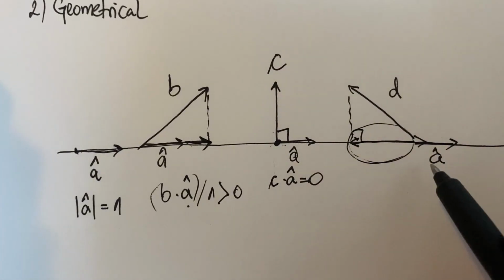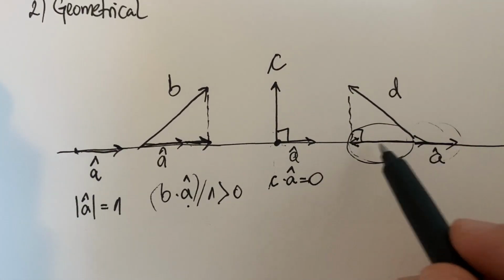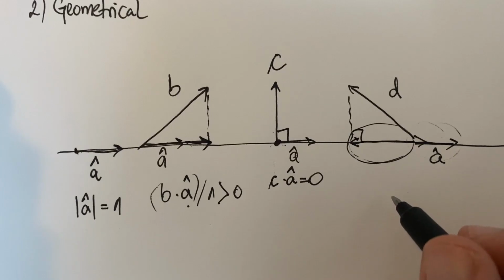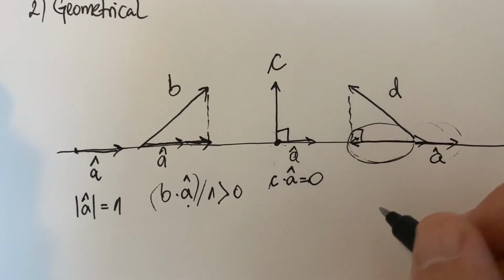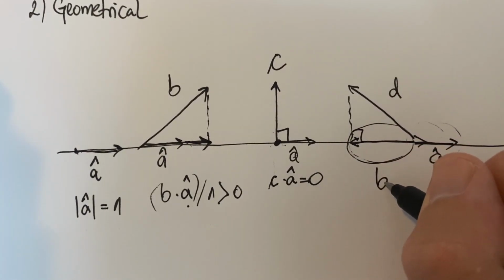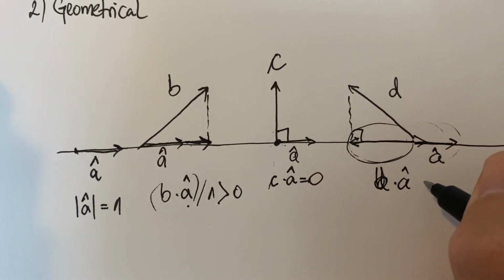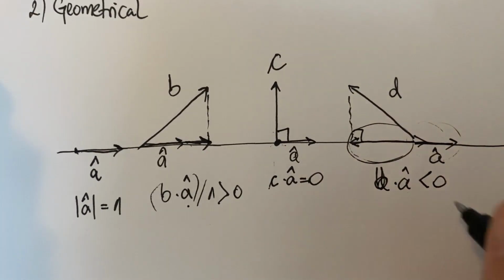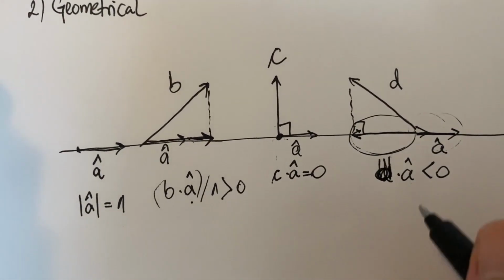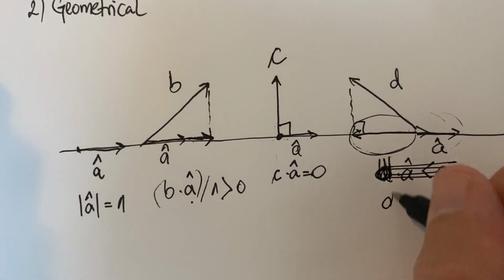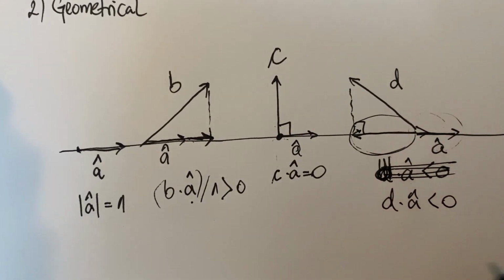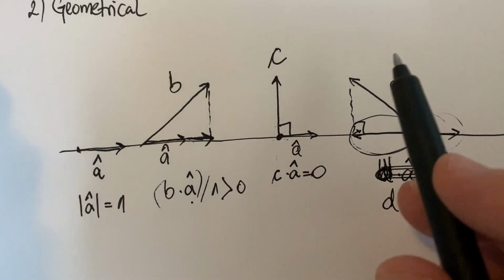But in short, what happens is you get D times A is less than 0. Maybe I didn't write that really nicely, but basically, this dot product is going to be less than 0.